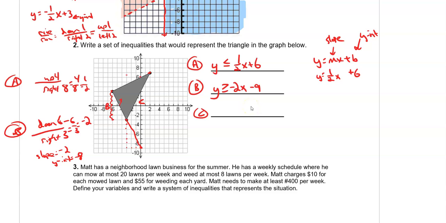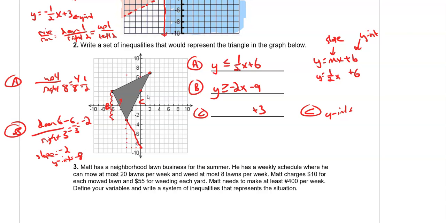And the last one is C, and on C, the y-intercept would be what? It crosses right here at 1, 2, 3. So it crosses at 3. So plus 3 would be the y-intercept. And the slope is, let's see how far up and over this thing's going in between lines.